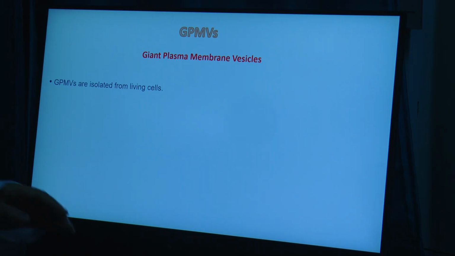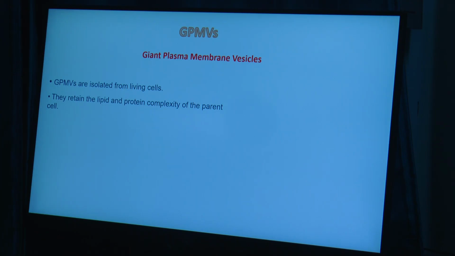For that, this was the alternative which is becoming popular nowadays: extracting the vesicles directly from the plasma membrane. These are called GPMVs, the giant plasma membrane vesicles. These membrane vesicles are directly isolated from living cells, because of which they retain the lipid and protein complexity of their parent cell.